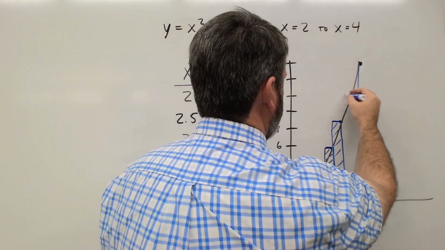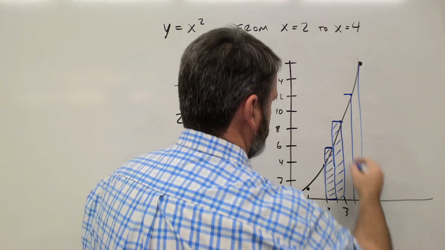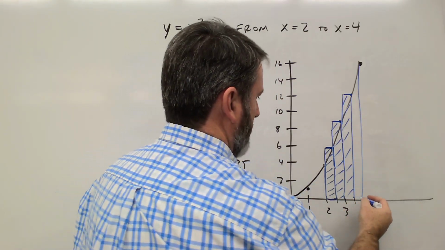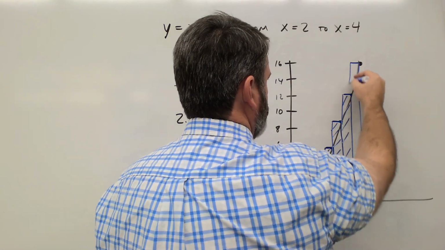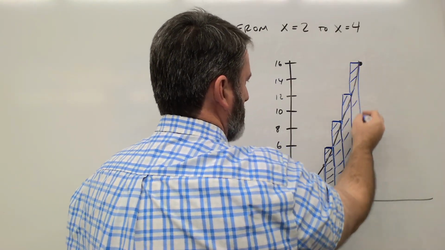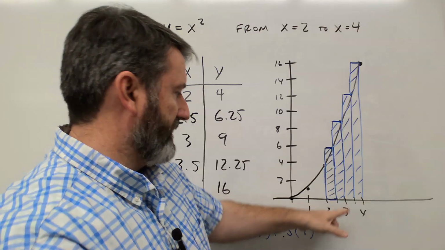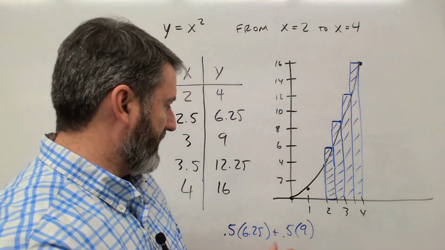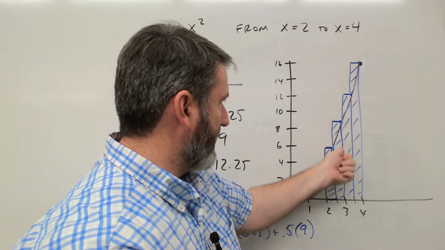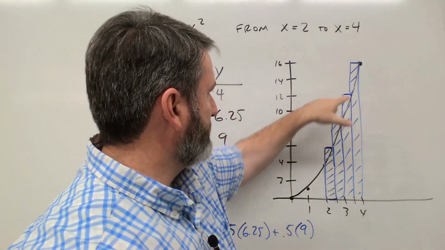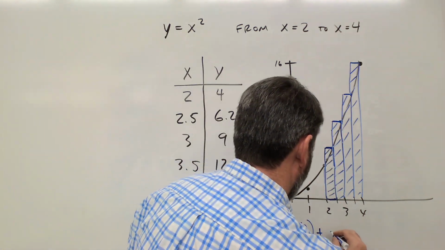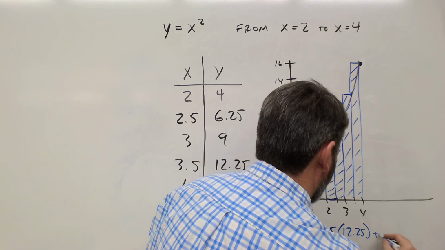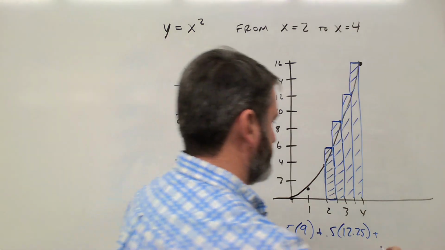It's 12.25. And we have a rectangle that looks like this. And then at 4, we're going up to 16. And so the areas of each of these rectangles are 1/2 times 6.25, 1/2 times 9, then 1/2 times 12.25, plus 1/2 times 16.